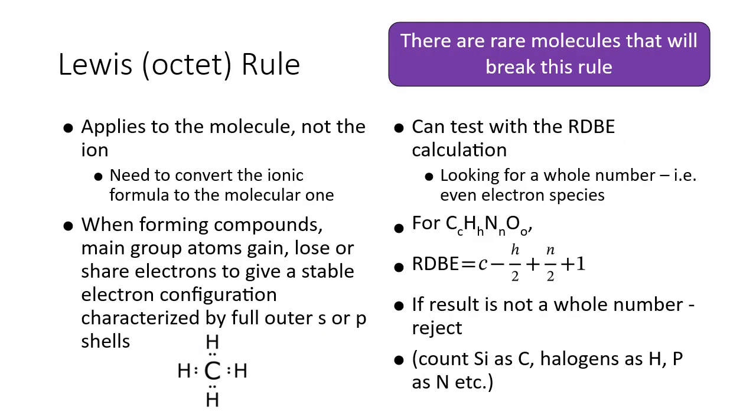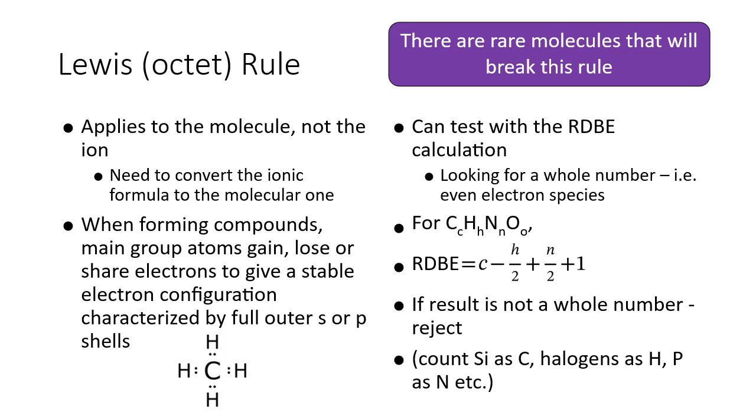The first rule listed in the Kind and Fiehn paper is the Lewis or octet rule. According to this rule, when forming compounds, all main group atoms try to gain, lose, or share electrons so that they end up with a stable electron configuration characterized with a full outer s or p shell.